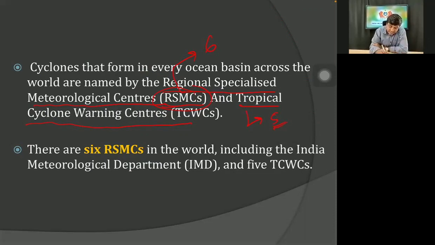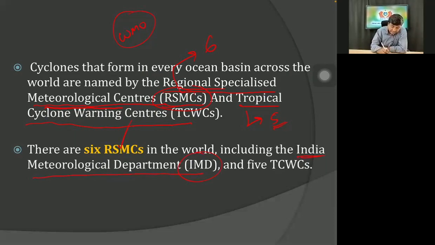RSMC means Regional Specialized Meteorological Centres. WMO is the main body, and we have 6 regional centres, and you have to remember those 6 regional centres. Out of the 6, the Indian Meteorological Department, IMD, is one among the 6 regional specialized meteorological centres.